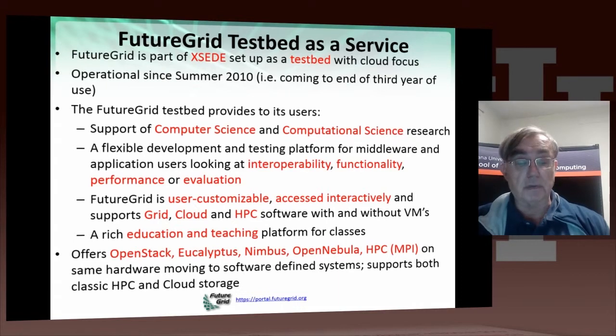It offers, with support, OpenStack, Eucalyptus, and Nimbus, three major open source virtual machine managers. It also runs OpenNebula and actually CloudStack, although those are not supported. They're used in some of the projects. And we support the use of MPI and other high-performance computing technologies.